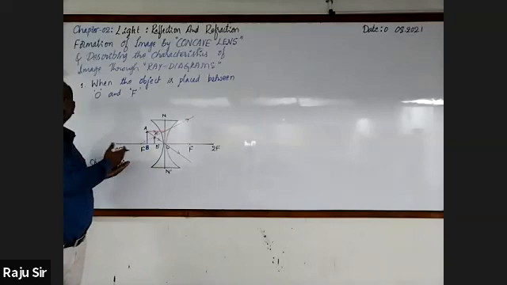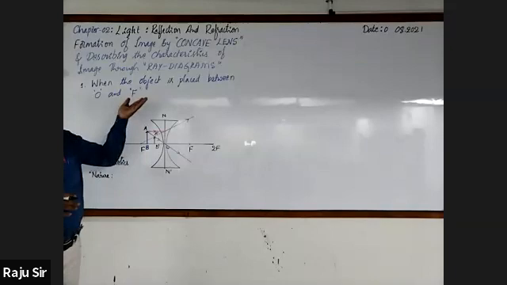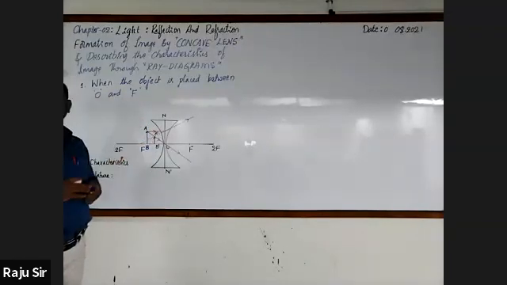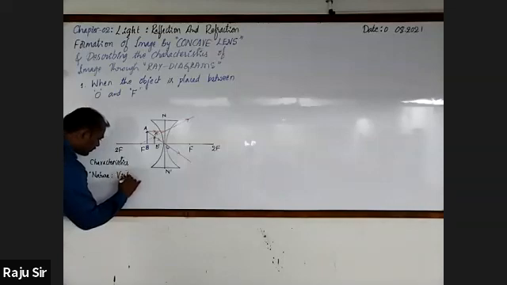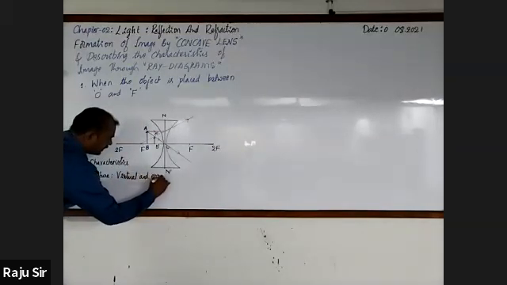It is virtual, formed on the same side of the object, so that is why it is not possible. Hence it is virtual. Is it formed above or below the principal axis? Above the principal axis. It is an erect image. Nature is virtual and erect.